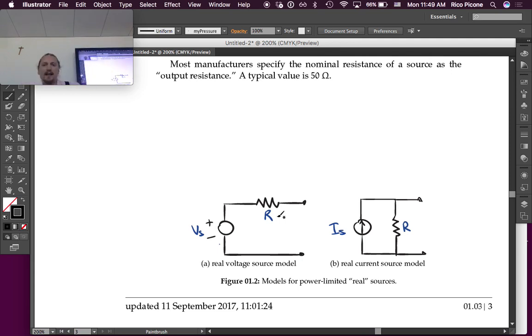It's not exactly a perfect model. The power curve for a lot of real sources has a knee in it, but this is a linear approximation for that. And since linear is a lot easier to work with, we assume that it's linear. We'll talk more next time about how to estimate what this is for a given source, like a battery, for instance, or a benchtop supply.